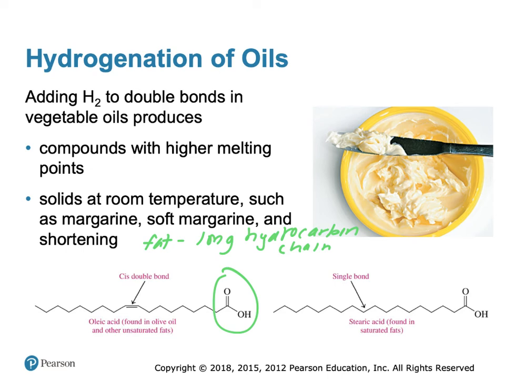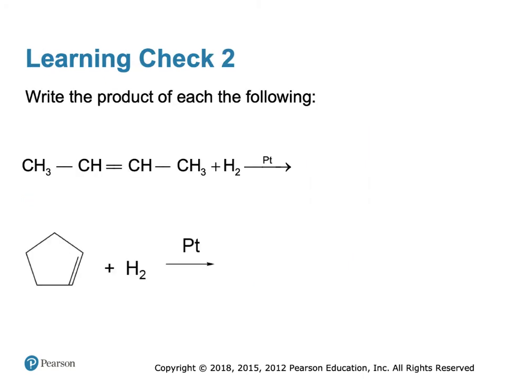If we undergo a hydrogenation reaction with a double bond, we can make a saturated fat. And when we make a saturated fat, we increase the melting point. Therefore, we can have solids at room temperature, such as margarine or soft margarine and shortening, that come from unsaturated vegetable oils.